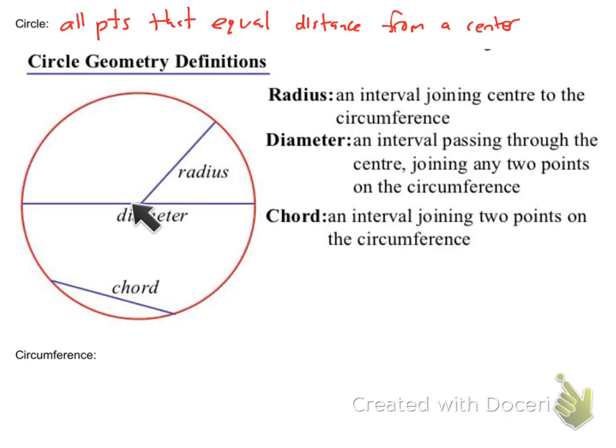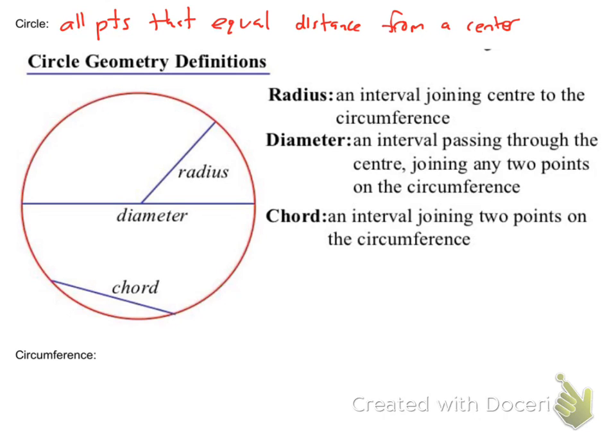And a chord, guys, is any interval or distance from one side of the circle to the other. The diameter is technically considered a chord, yes? Because I'm going from this side all the way to that side.